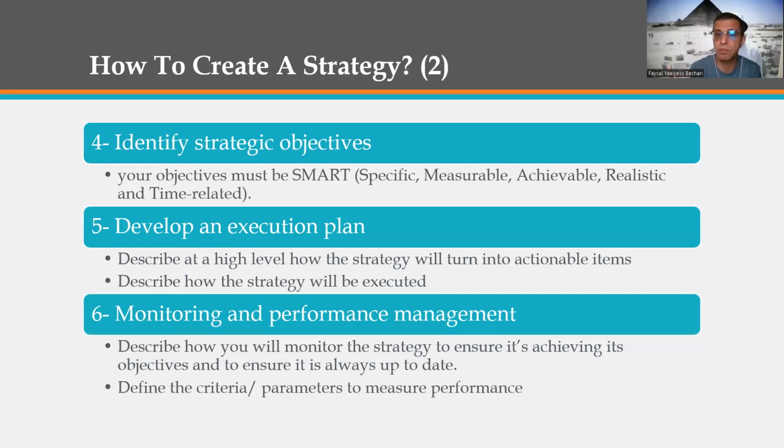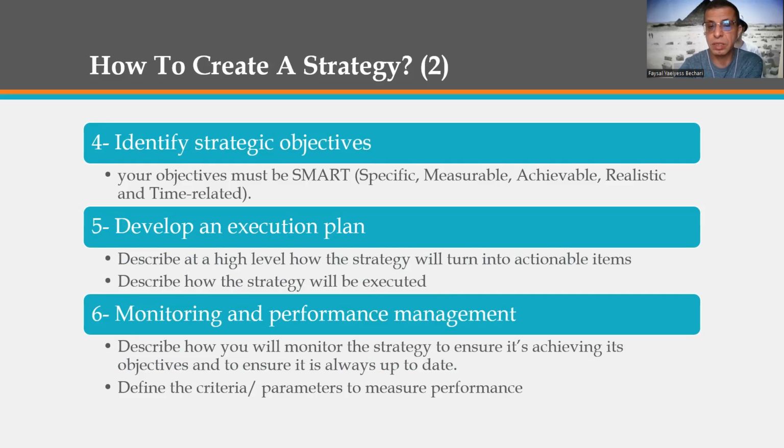Your objective must be SMART: specific, measurable, realistic, and time related. Then you need to develop an execution plan, describe at a high level how the strategy will turn into actionable items. And also you need to describe how the strategy will be executed.